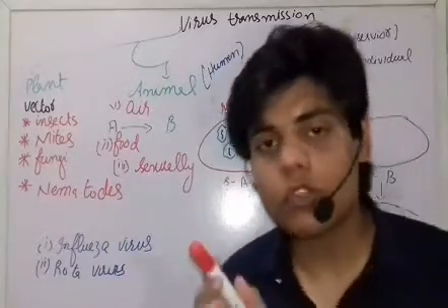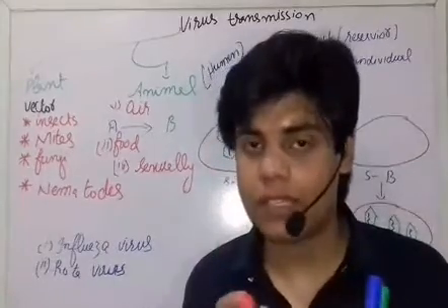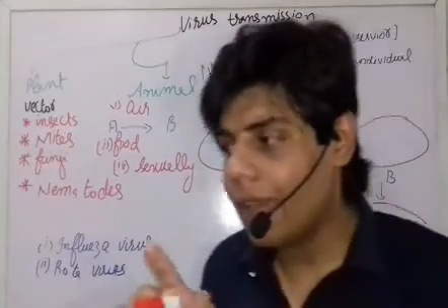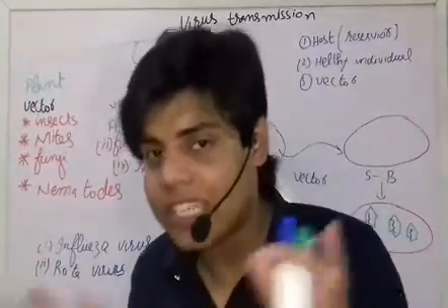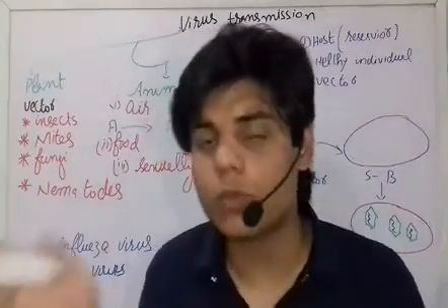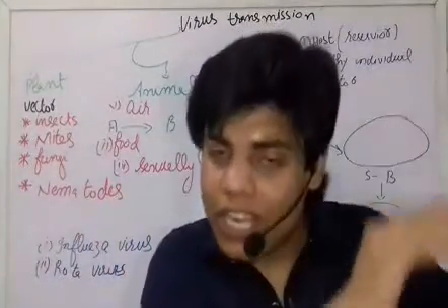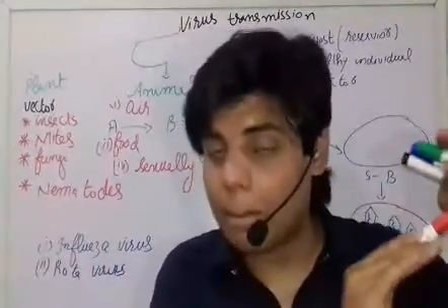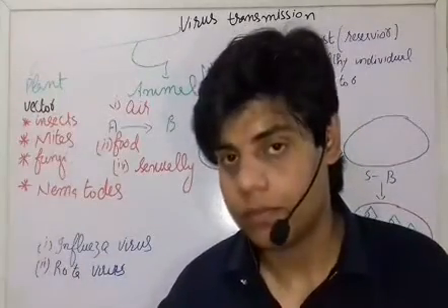How? Let's suppose a male is infected with the viruses, and they have sexual contact with a female. Once they meet with each other, definitely the viruses will transfer from this infected man to the healthy woman.